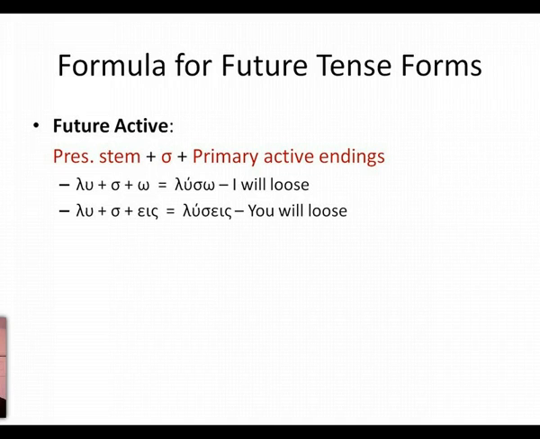The formula for the future active, I've found this helpful to think of how do I make a future active, or if I wanted to say something in the future, how would I do it? I would take the present stem, I would add a sigma, and add the primary endings. So with the verb luo, the stem is lu. I add the sigma, the sign of the future, and then add the primary active endings.